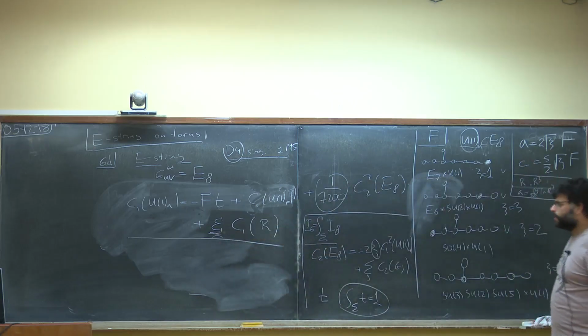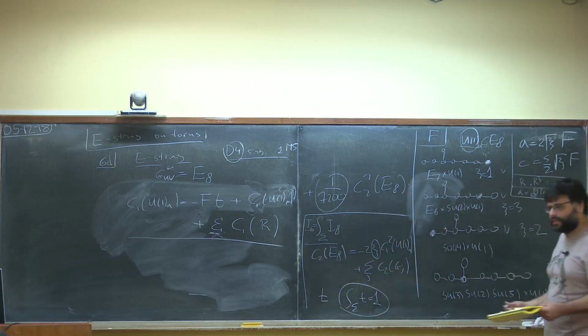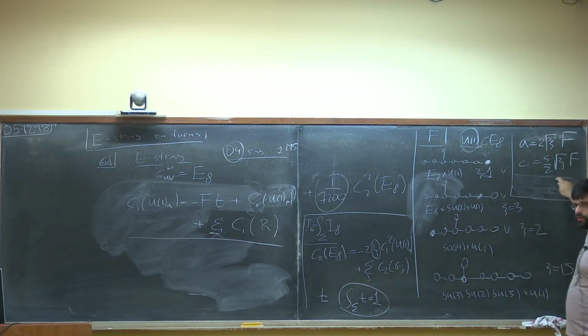Okay, so this is the result of the computation, and I hope it's more or less clear how you do it. The generalization of this to a number of fluxes is rather straightforward.